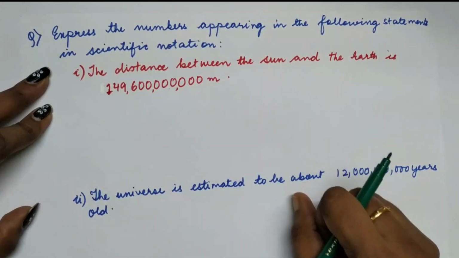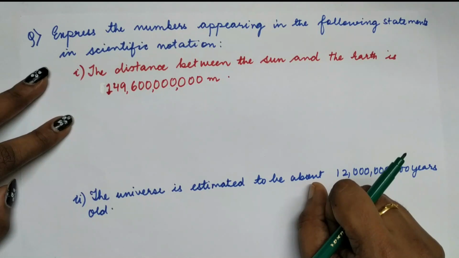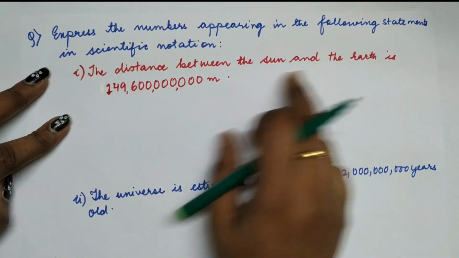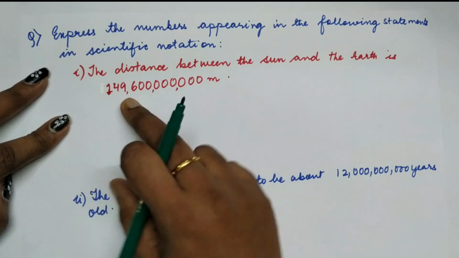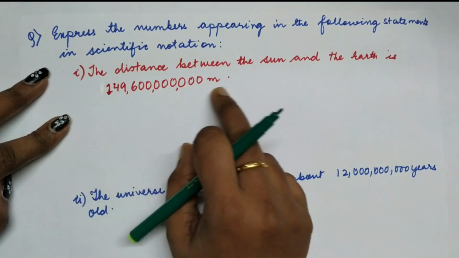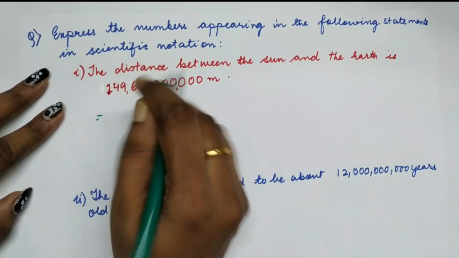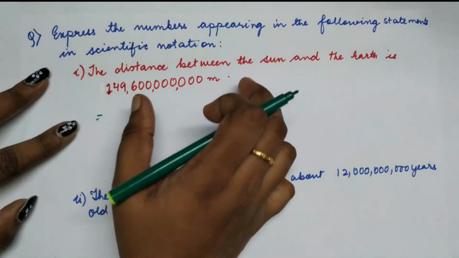Express the numbers appearing in the following statements in scientific notation. The distance between the sun and the earth is 149,600 and so many zeros. So it's a very big number. So how do I do it? I have to convert the given number.